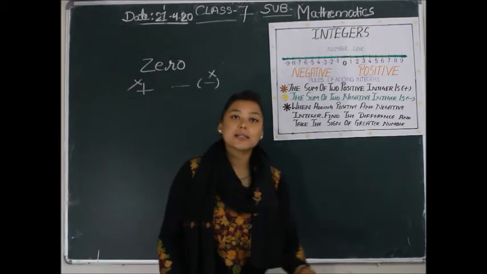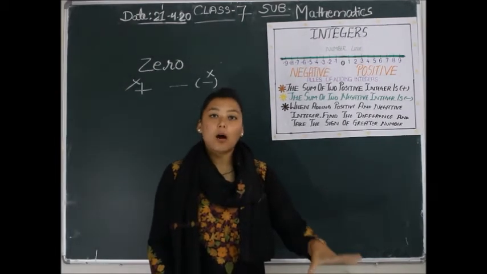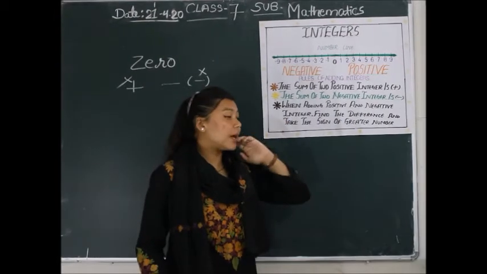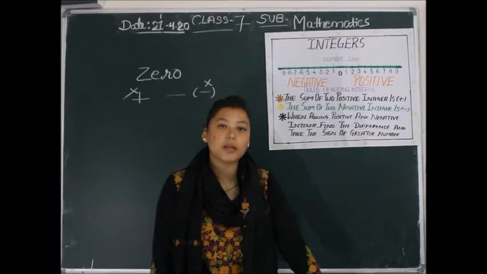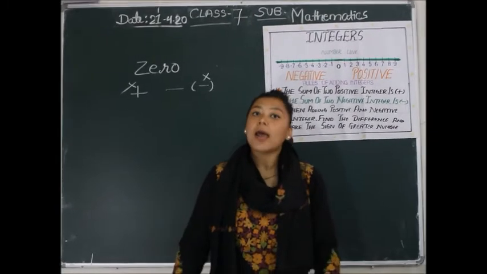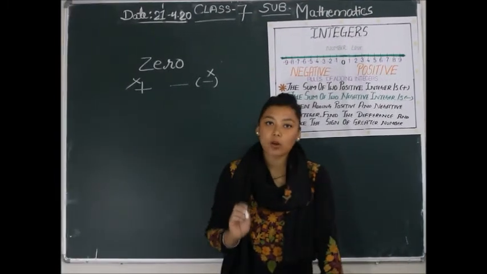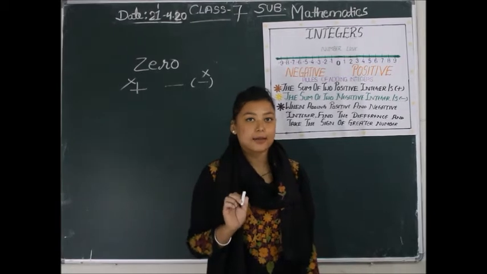Understood everyone? What is an integer? All the numbers including negative and positive numbers, natural numbers including 0, it is known as an integer, and 0 is neither positive nor negative.